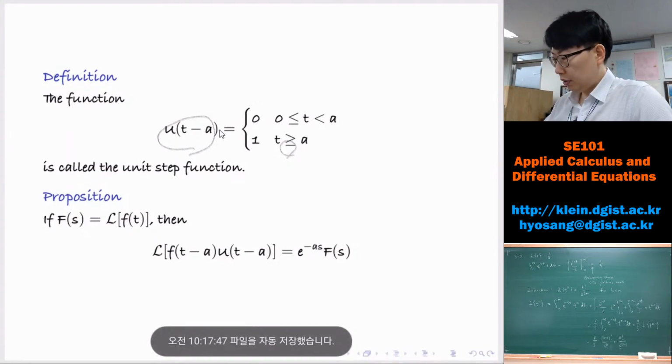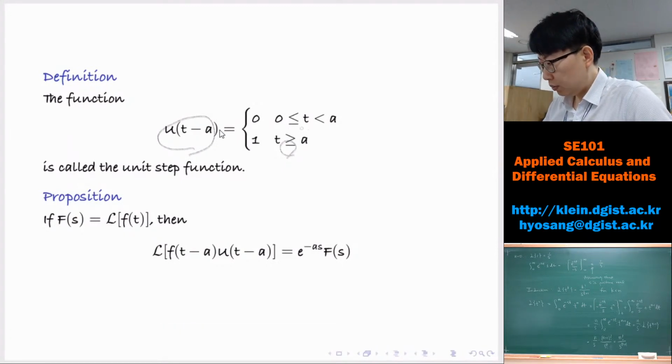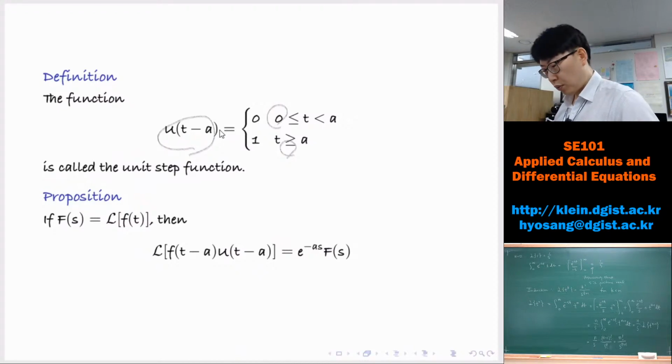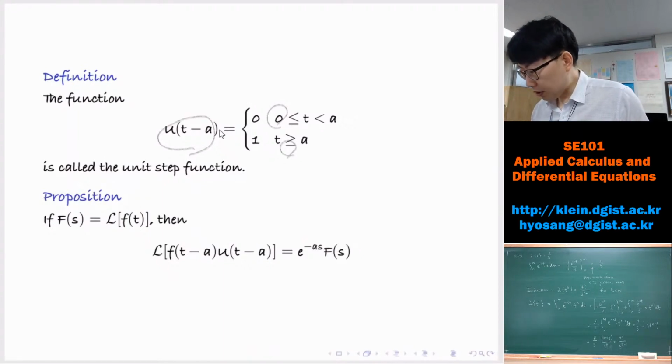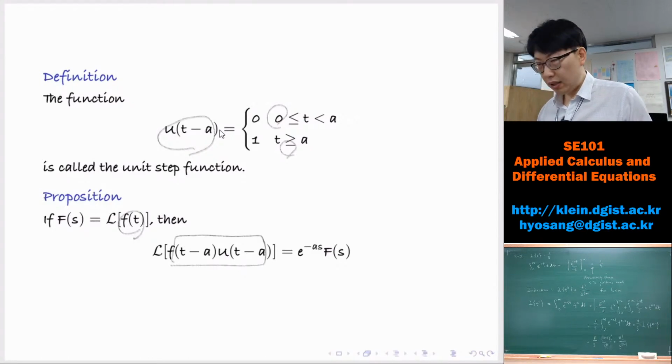Also notice that we only define t from 0 to infinity, because in the Laplace transform we are always considering the function to be defined on the positive interval. So when you have a function f of t and you multiply f of t minus a with u of t minus a, the Laplace transform of this product function is given by e to the negative as times F of s.